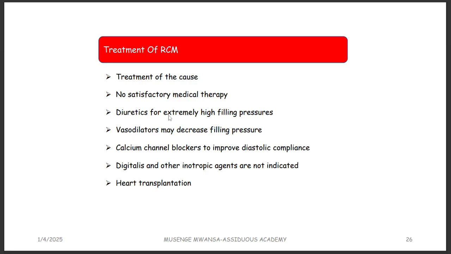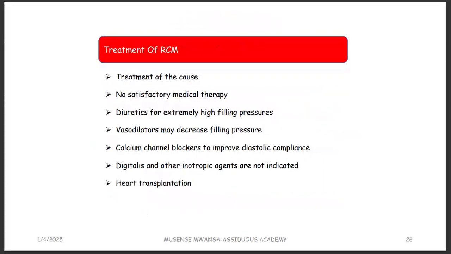You can use some diuretics to reduce some fluid, and calcium channel blockers to improve the diastolic compliance. You can also do a heart transplantation. Digitalis and other inotropic agents, you do not use them. These help in contraction of the heart, so do not give them.